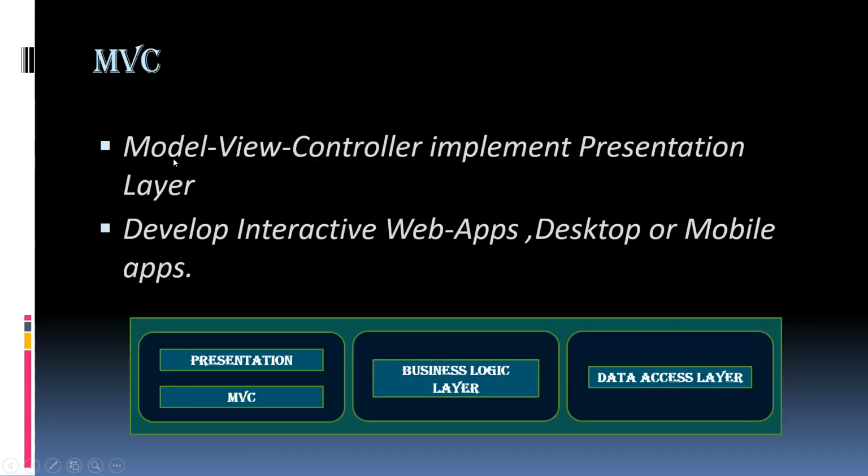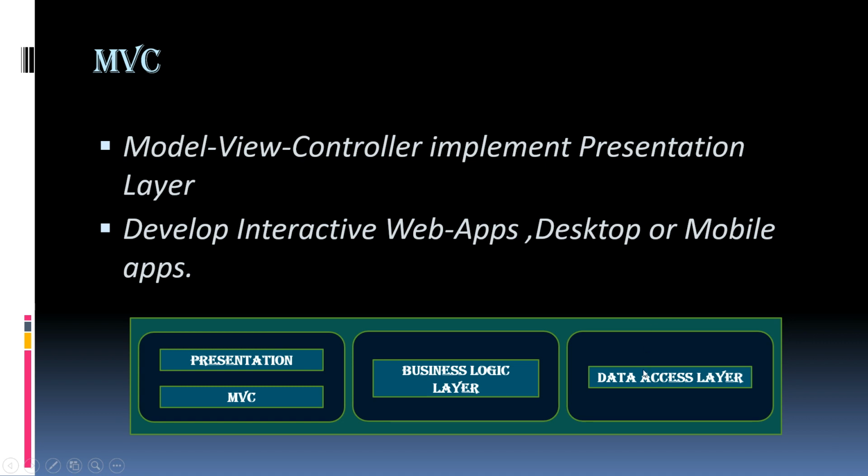MVC stands for Model View Controller. In general, a real-time application may consist of three layers: presentation layer, business logic layer, and data access layer. The presentation layer is responsible for interacting with the user, and the business logic layer is responsible for implementing the business logic of an application.